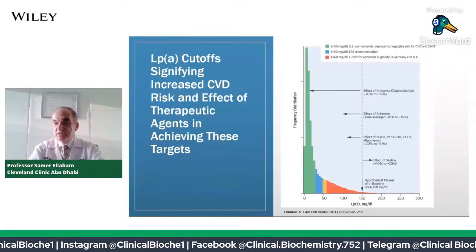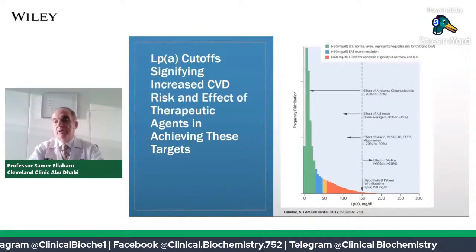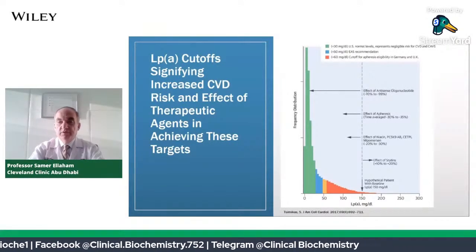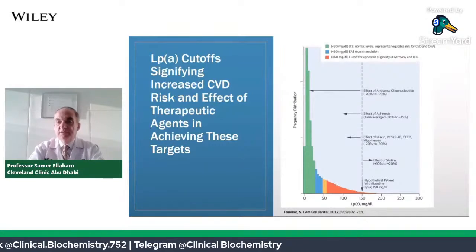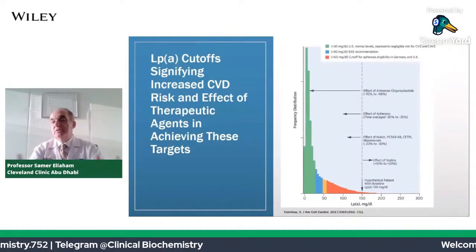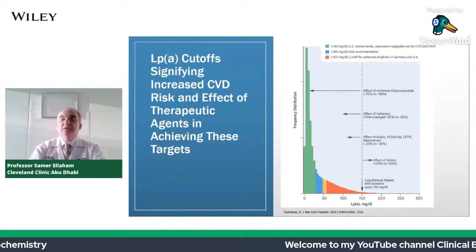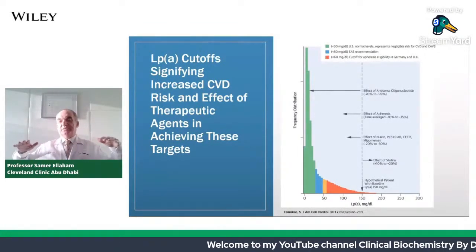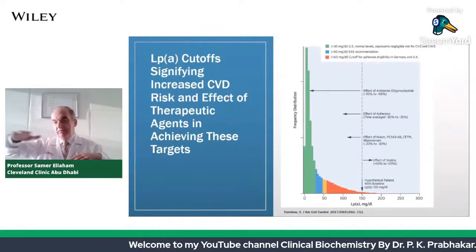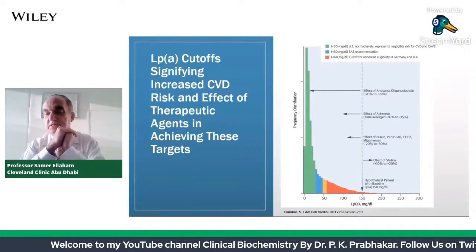You could see that the ASO, the antisense oligonucleotides, will be very focused, specific to the Lp(a), with almost a 99% change. The effect of apheresis, initially, is around 60, 65%, but with time, it levels at around 30-35%.